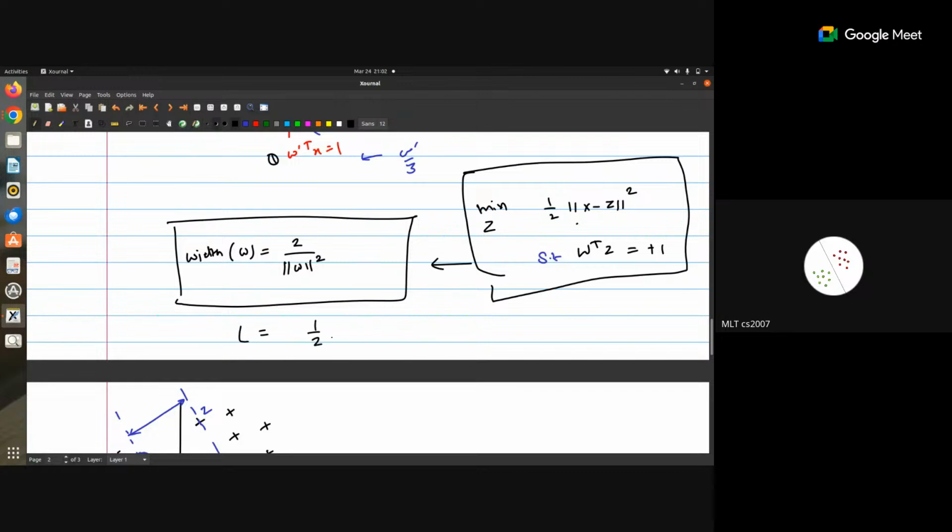It will be like this, no? Half of z square plus some alpha times 1 minus W transpose. Anything is fine, like 1 minus, because it's an equality constraint, it doesn't matter anyway.